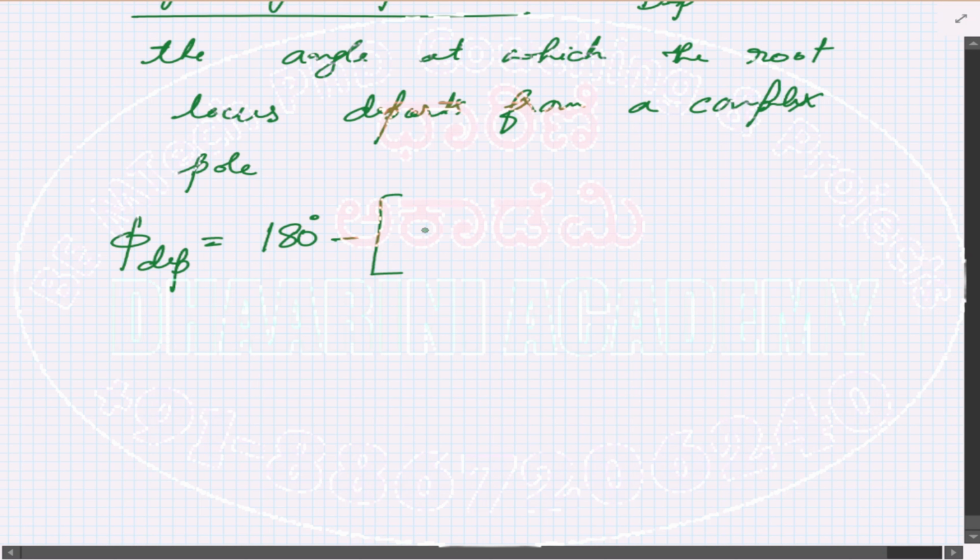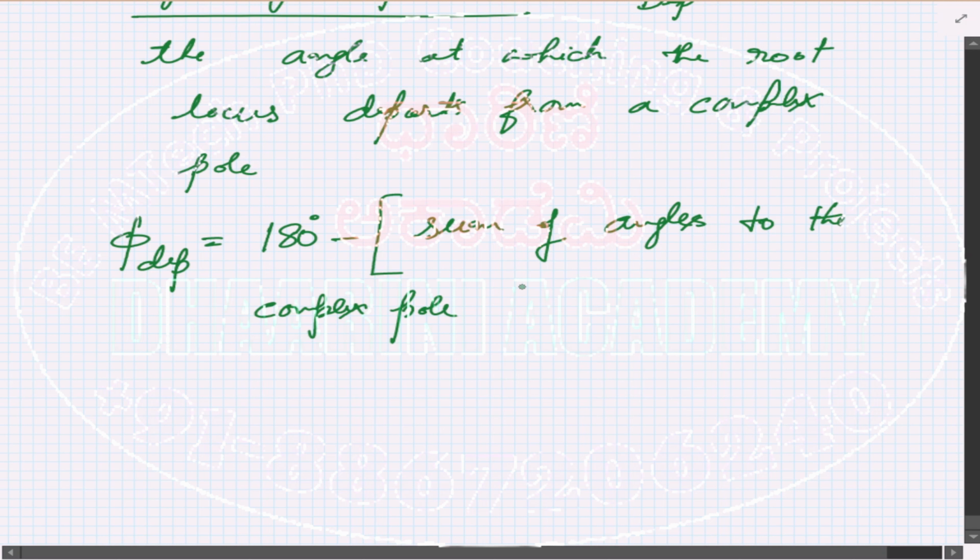This is the sum of angles to the complex pole from all other poles.